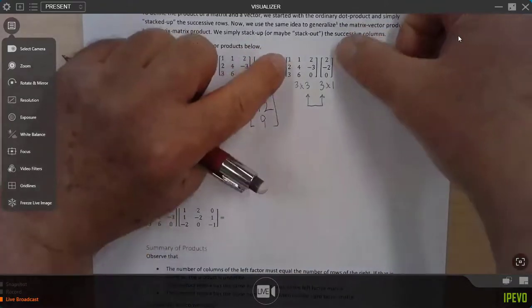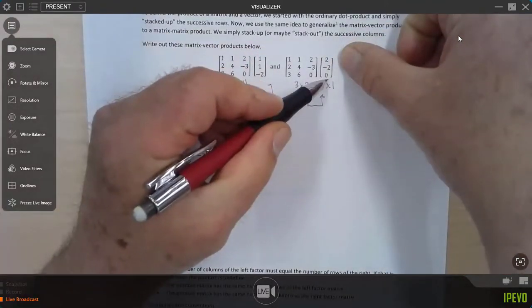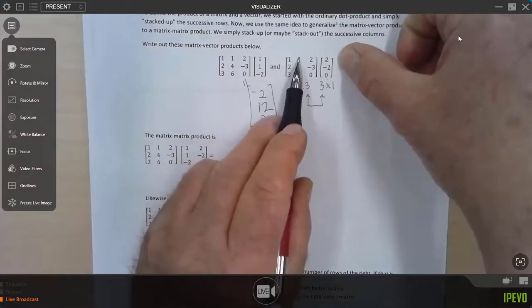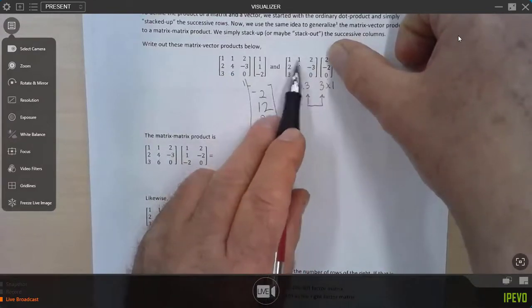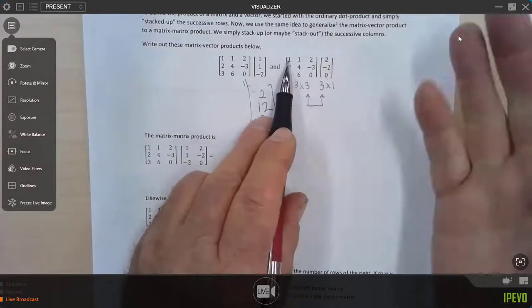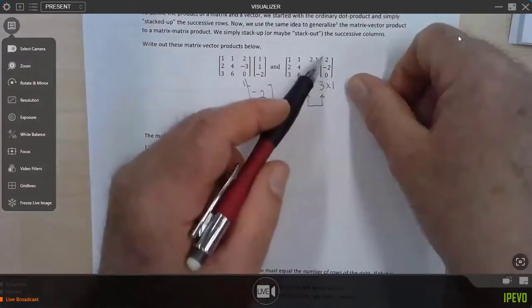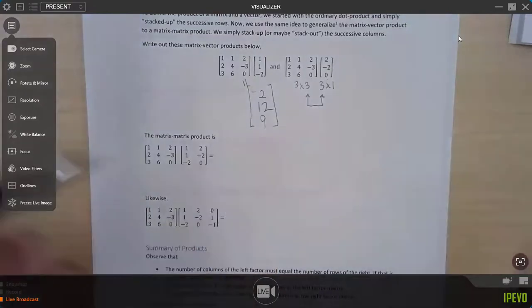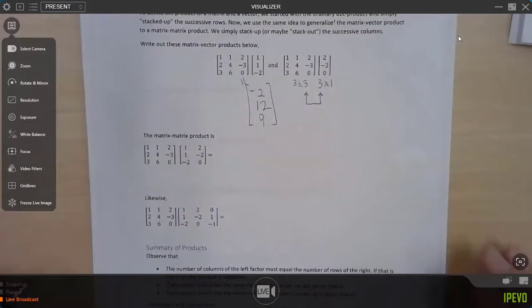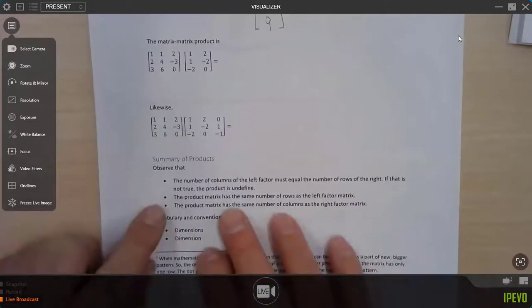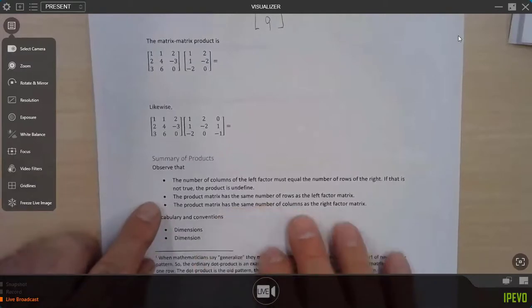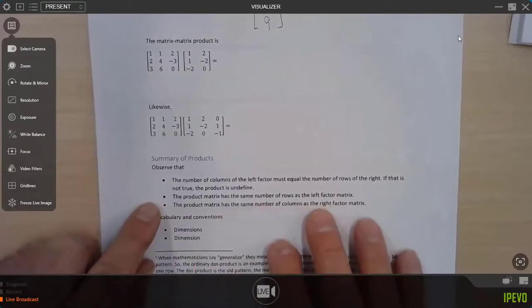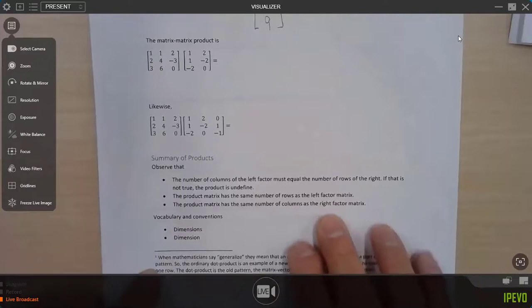Because if you think about it, you want to run down this column and across this row, right? So the total number of things in this row, that's the number of columns here, must be the total number of things in this column, which is the number of rows in the one on the right. So that has to agree. The product matrix has the same number of rows as the left factor and the same number of columns as the right.